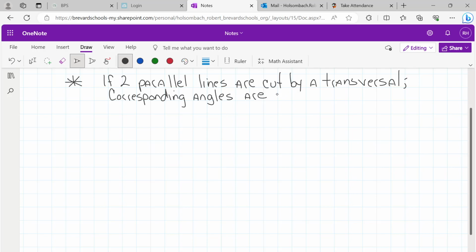I'm going to use the symbol for congruent, which is the equal sign with a little squiggly line above it. Alternate interior angles are congruent.